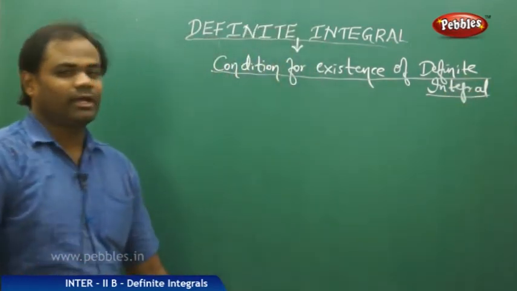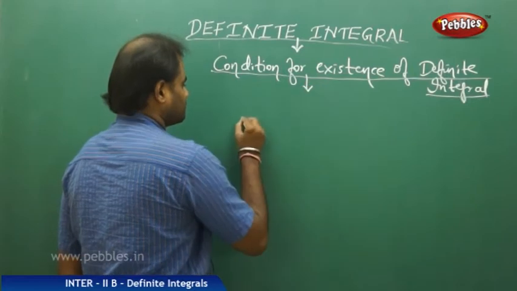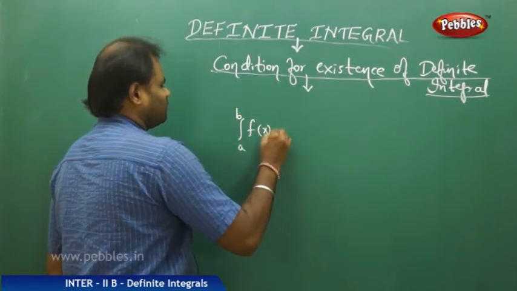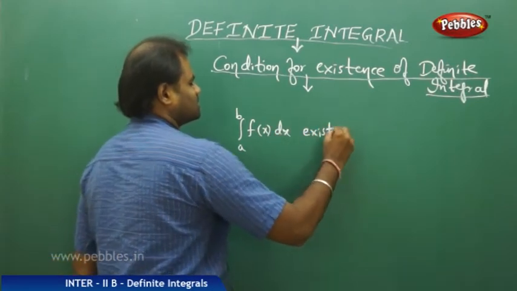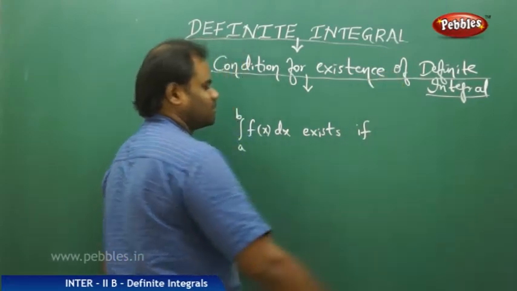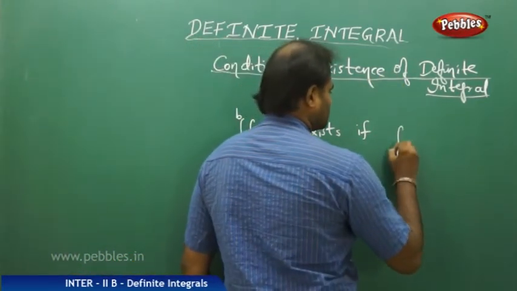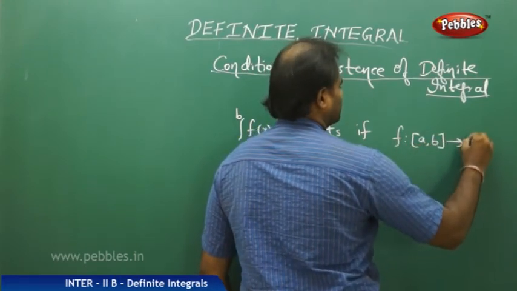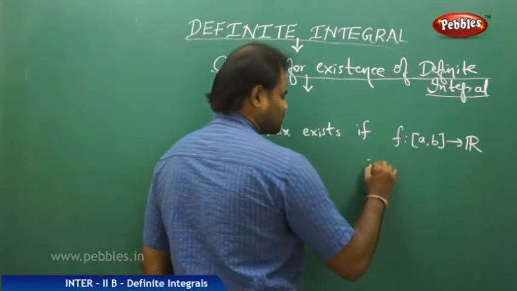Now, the condition for the existence of the definite integral says that the integral from a to b of f of x dx exists if f from the closed interval [a, b] to the set of all real numbers is continuous.